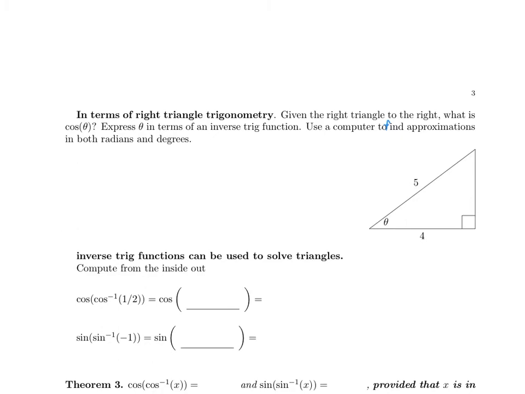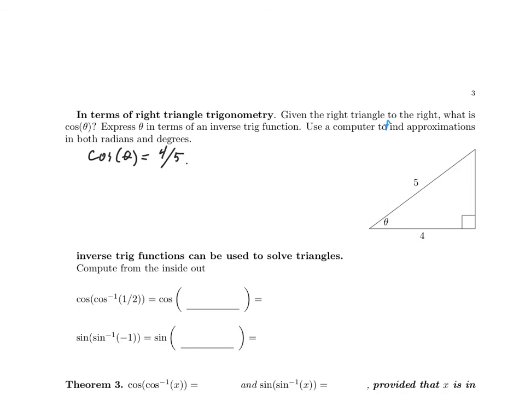the angle theta. Well, what do I know about this angle? I can look at this triangle and see that cosine of theta is equal to 4 over 5. Moreover, this is an angle inside of a right triangle.